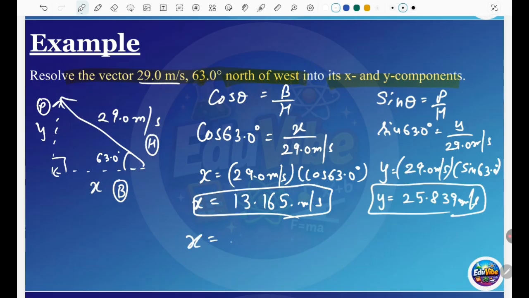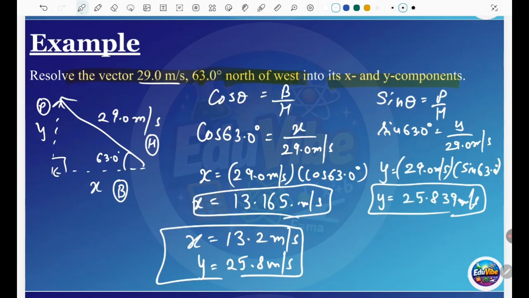So our x component is 13.2 and the y component is 25.8 meters per second. This is your x component and this is your y component.